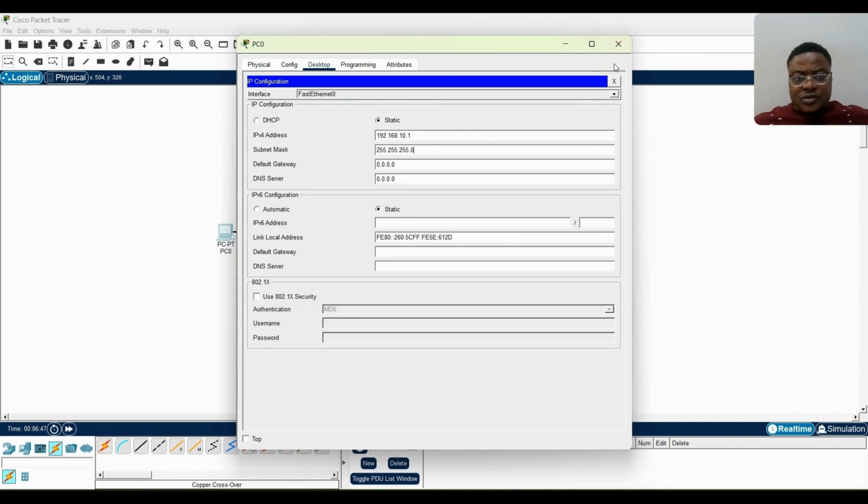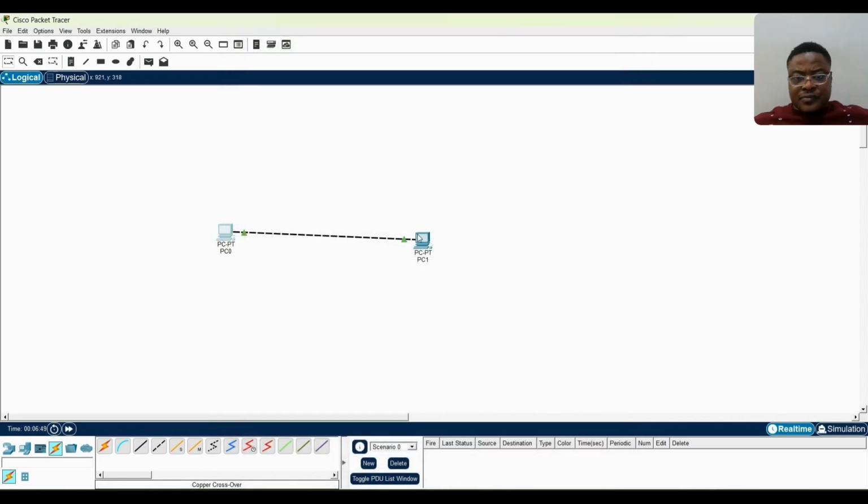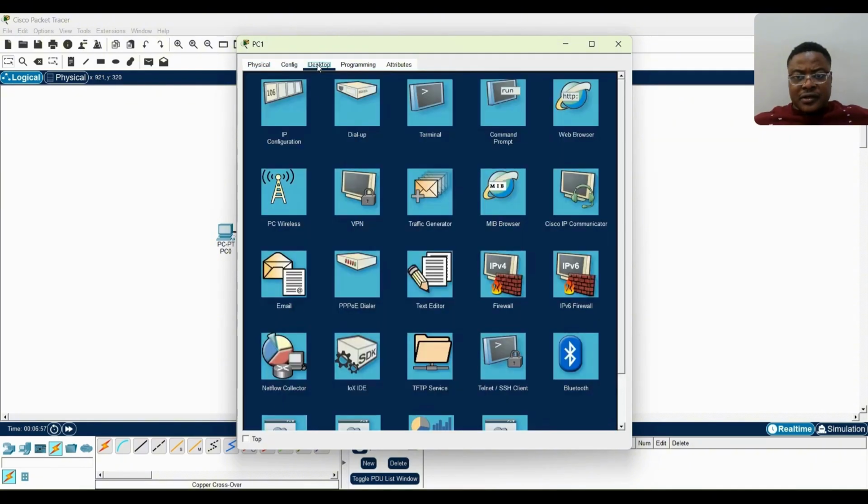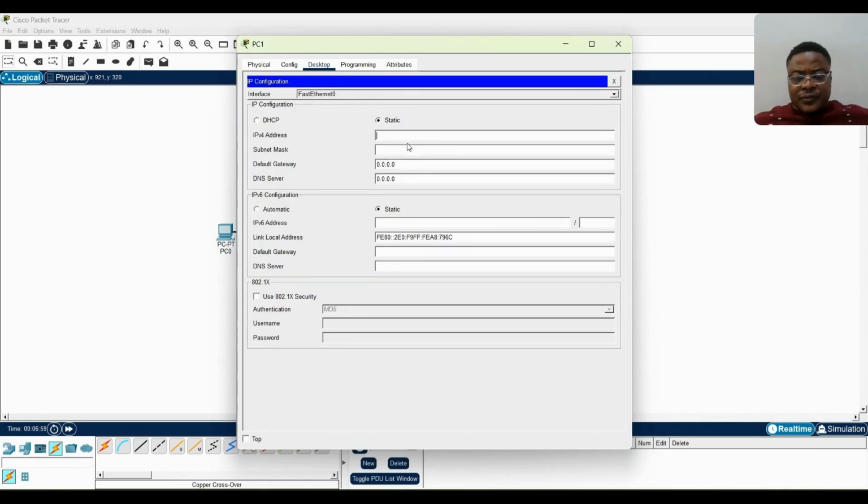I'm going to also configure the other PC, PC1, with 192.168.10.